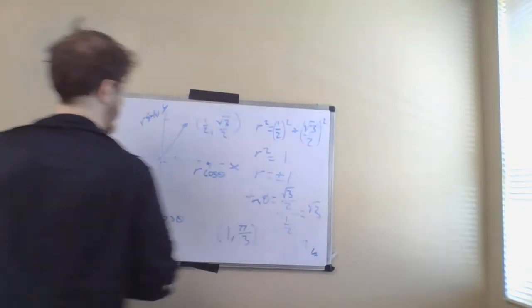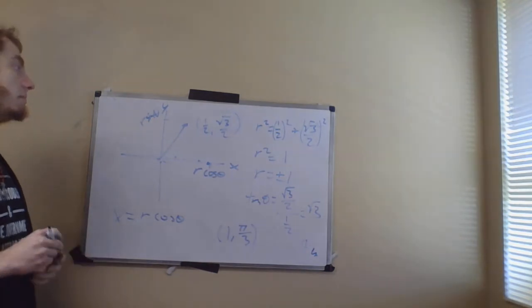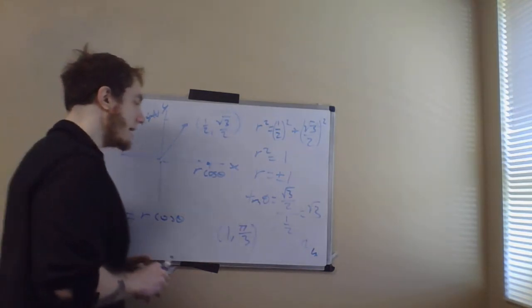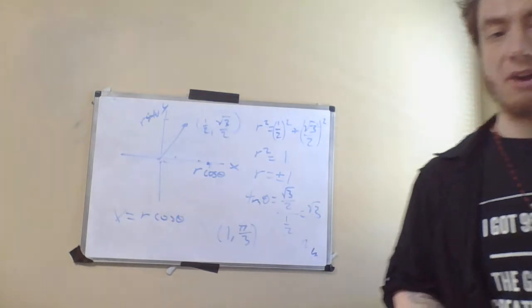Moving back to where we were at. So we located this point using polar coordinates now. Now, the nice thing is that going the other direction is actually very, very simple.